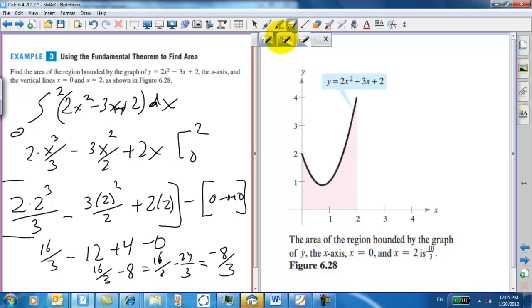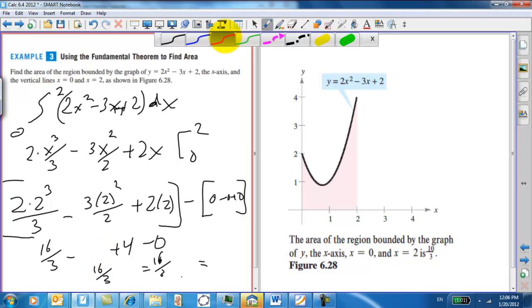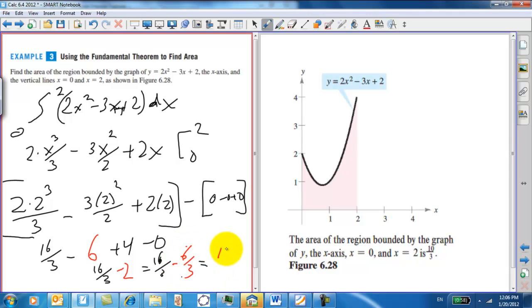So, see how we found a mistake by carefully going back and figuring it out. So here we go. This was 6, so it ends up being minus 2. So that's 16 thirds minus 6 thirds, which is 10 thirds. And that checks with the answer.